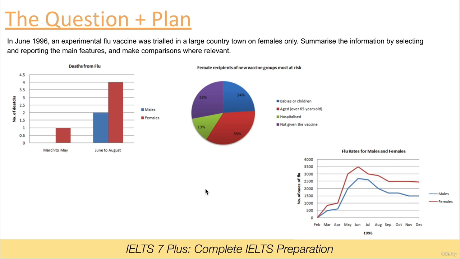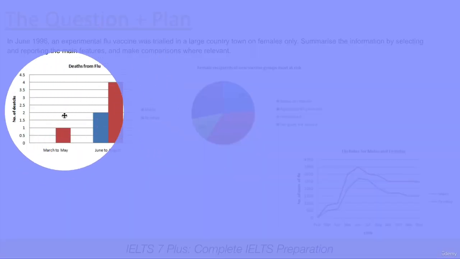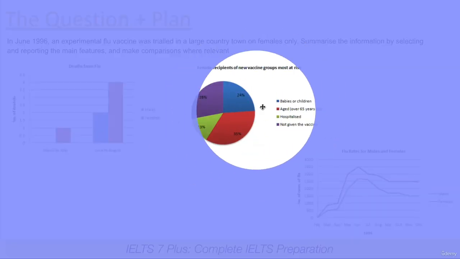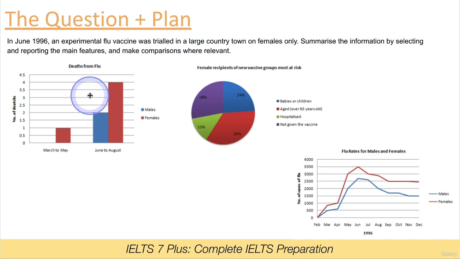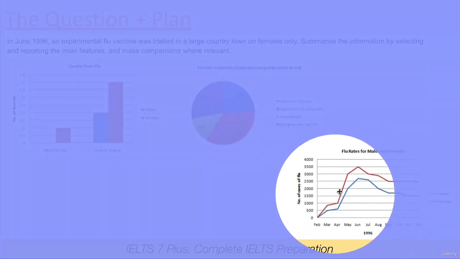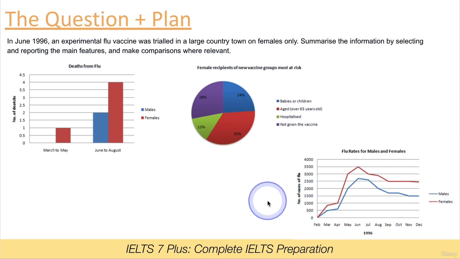So in this case, I'm going to group deaths from flu, this one here, with this pie chart for added information about the female group, because I think I can talk a bit more about the line graph here in its own paragraph.